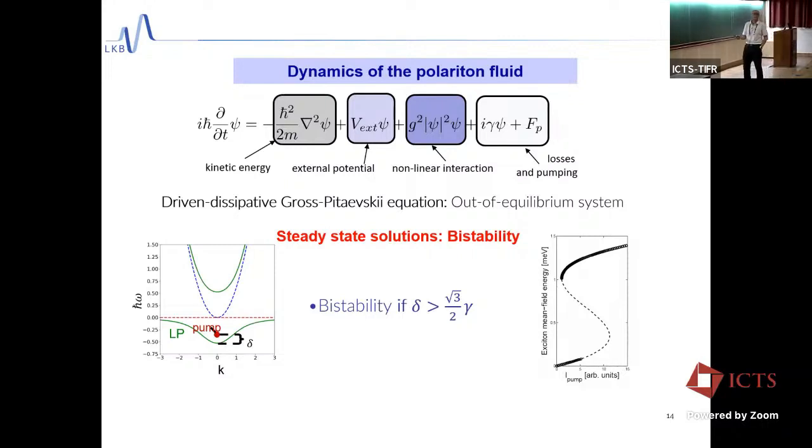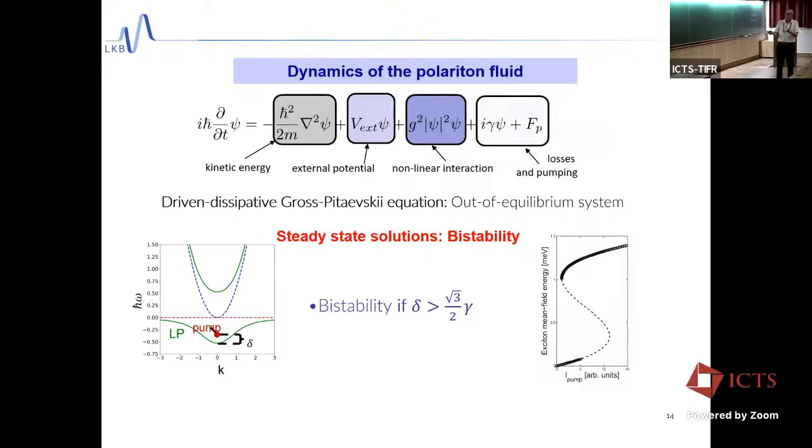We can recognize the standard terms used in the standard Gross-Pitaevskii equation to describe the equilibrium Bose-Einstein condensate, atomic condensate: the kinetic energy, the external potential, which is used in our case to model the presence of an obstacle. Here we have the nonlinear interaction term, and here we have the two additional terms, which are the losses, because polaritons relax emitting photons that escape from the cavity, and the resonant pump, which refills the system to have a steady state.